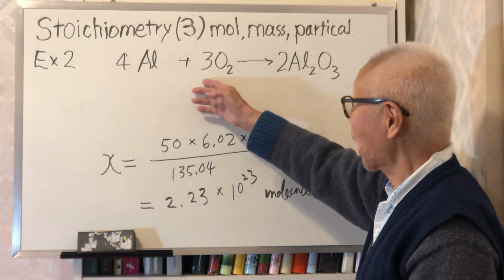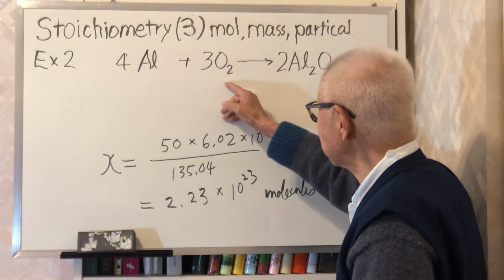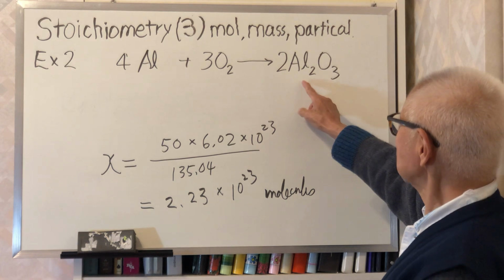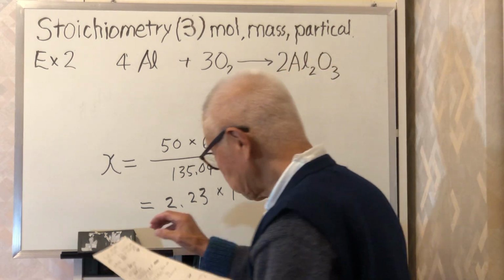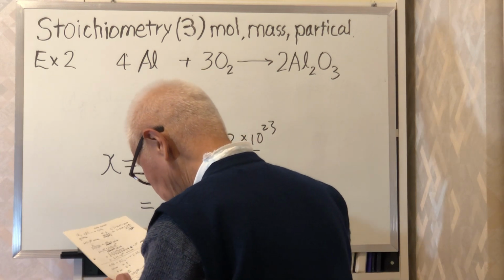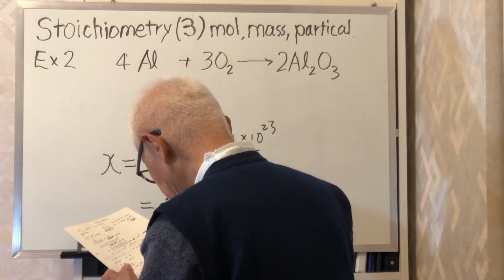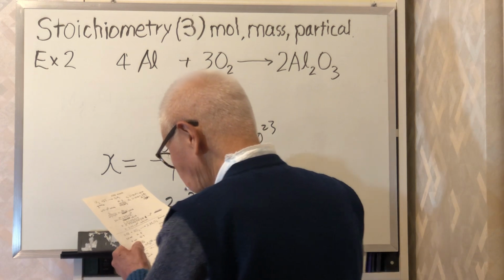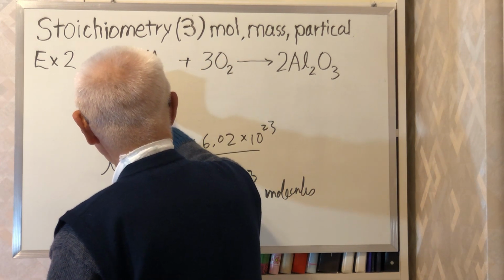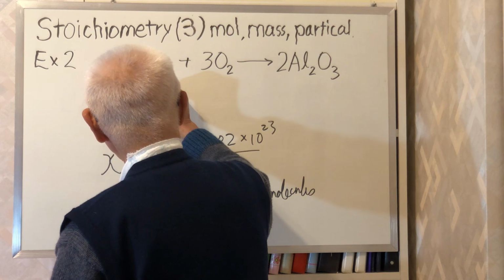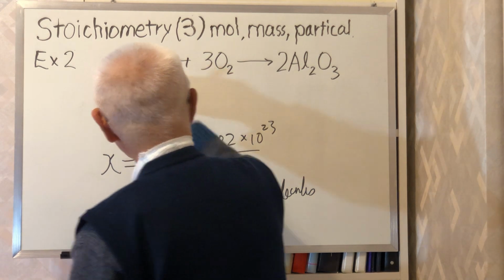This is just oxidation. Aluminum is oxidized to become aluminum oxide. So the question is, I have 0.4 mole of aluminum.